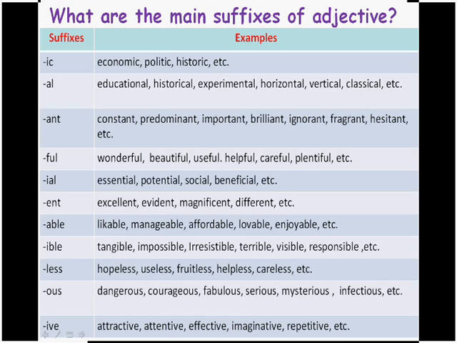So I'll give you just a minute to have a look again at the suffixes and the examples. And remember that we are talking about adjectives. So ICE, AL, ANT, FUL, IAL, ENT, ABLE, IBLE, LESS, OUS, and IVE.